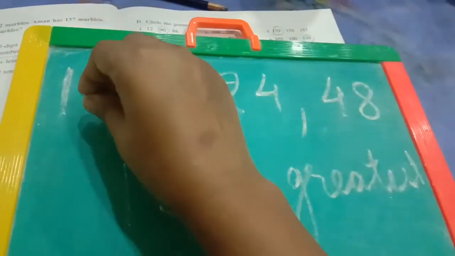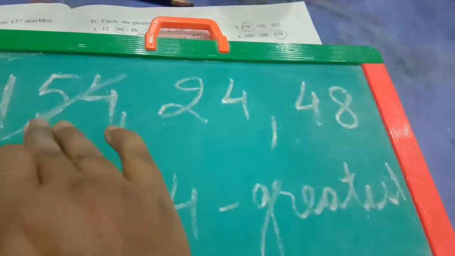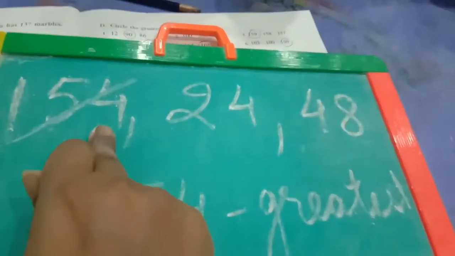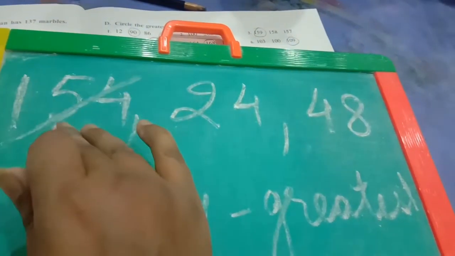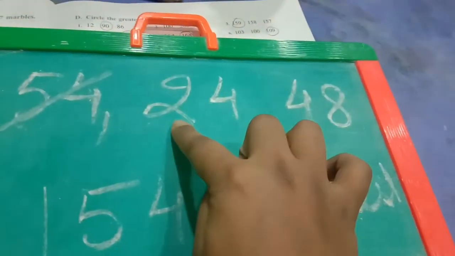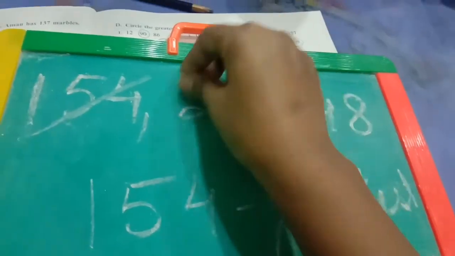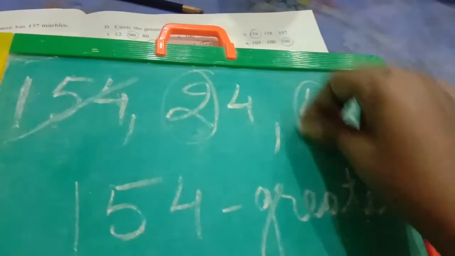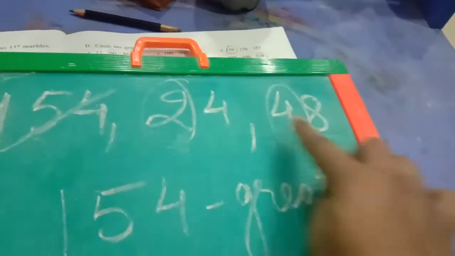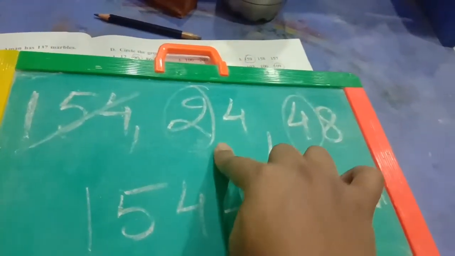Now this is solved. Now we have to check which number is smaller than this number, that means which number comes in the second place. Again both are 2 digits, so look at the tens place. In this number the tens place is 2, here we got 4. Is 2 greater or 4 greater? 4 is greater. So that means 48 is smaller than 154 but greater than 24.